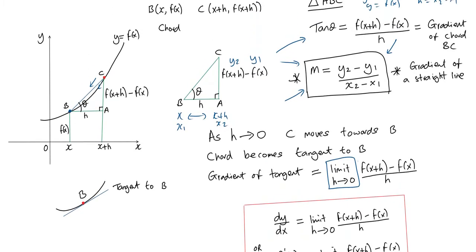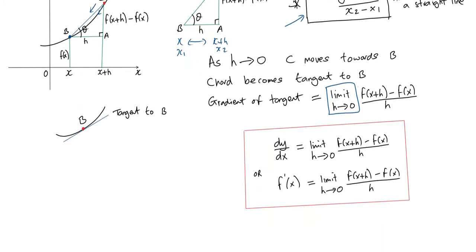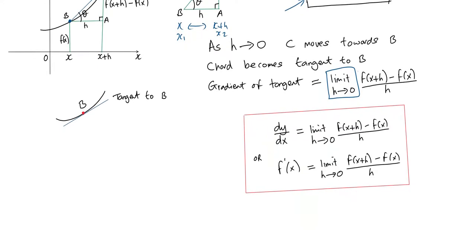So the gradient of the chord is this, but the gradient of the tangent at B is exactly the same formula, but as h tends to 0. So it's a limit. You are given this formula, but you must try to understand where it comes from.